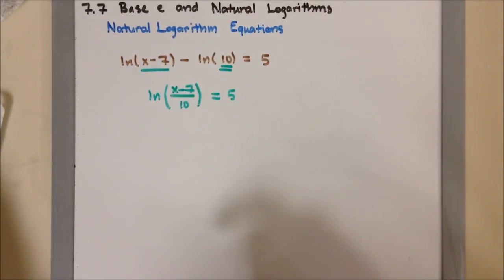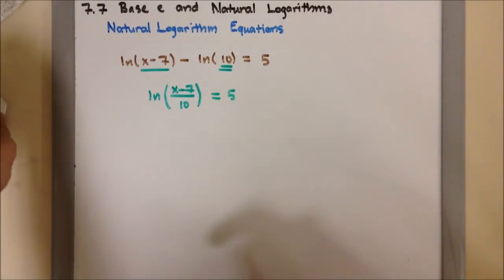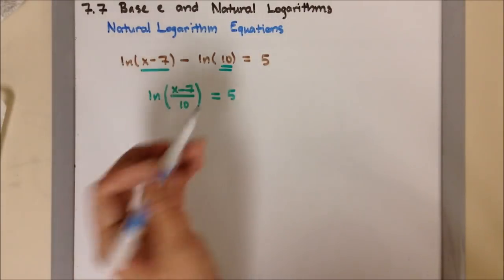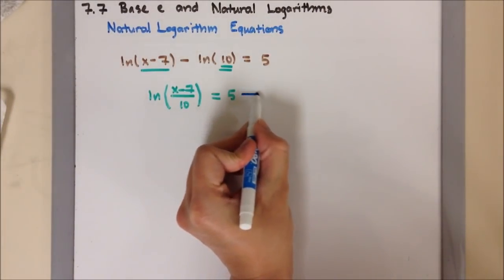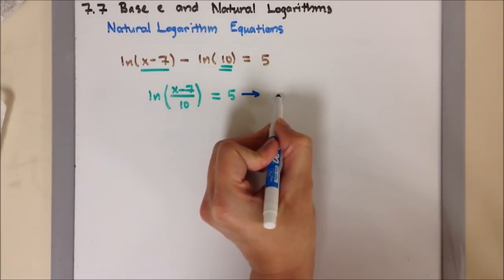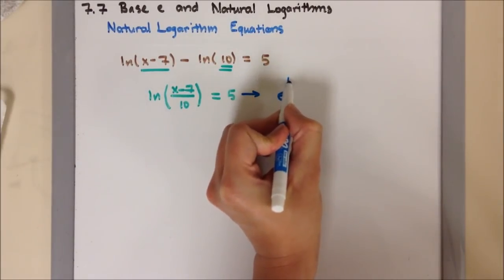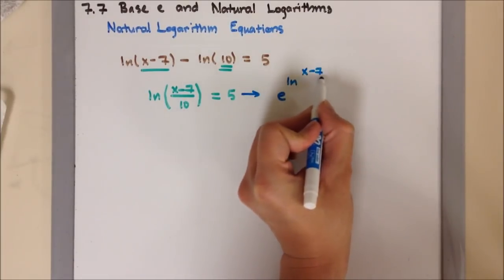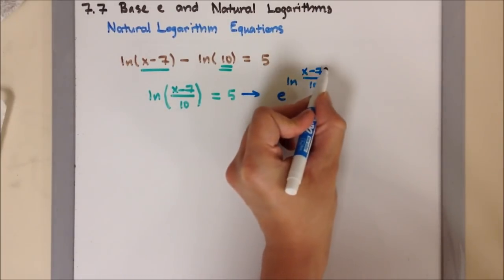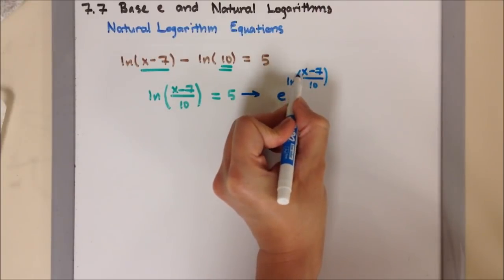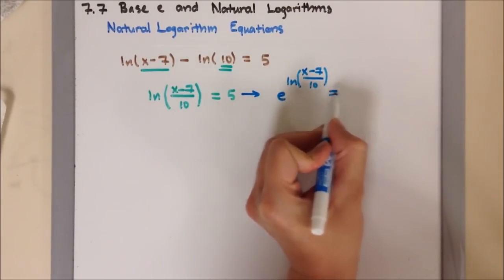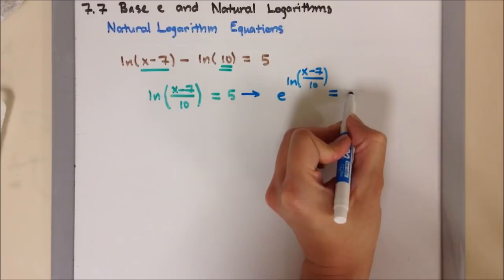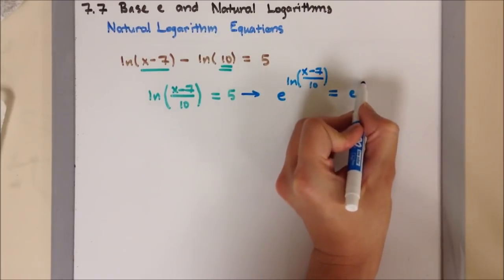Now once you get into a single natural log, then I'm basically going to use the e constant, raise it to the power of natural log of x minus 7 over 10, and then on the right side raise the e constant to the power of 5.